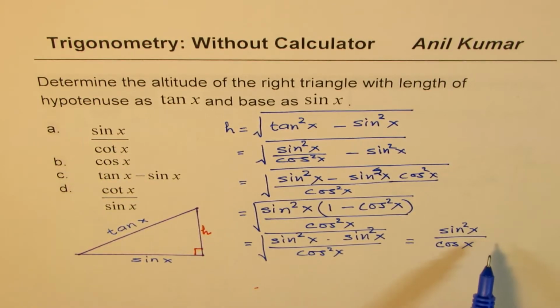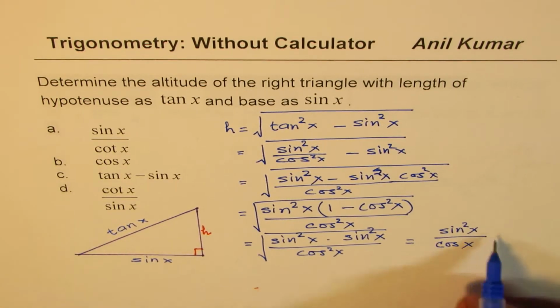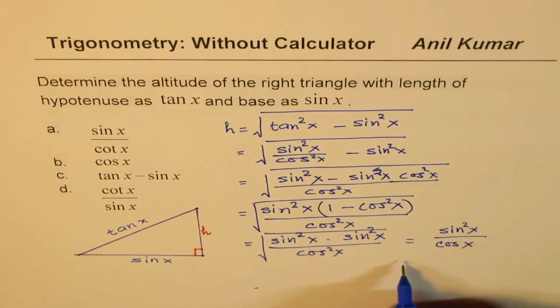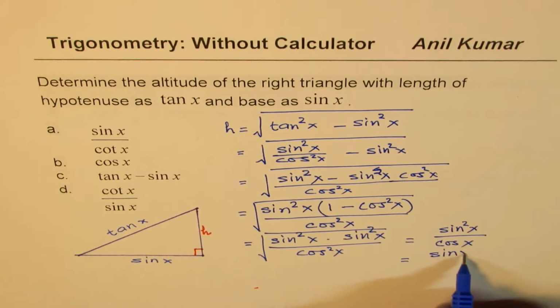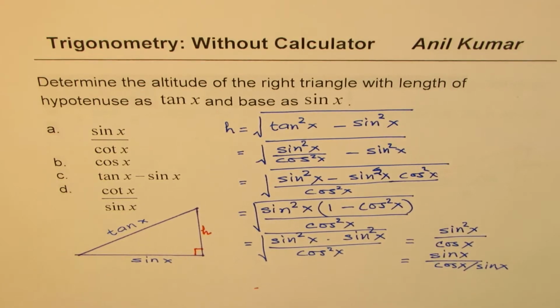So what we can do here is we can try to match with what is given to us. So let us rewrite this. So I could rewrite this as sine x over cos x divided by sine x. Does make sense to you? Cos x divided by sine x is cotangent x, right?